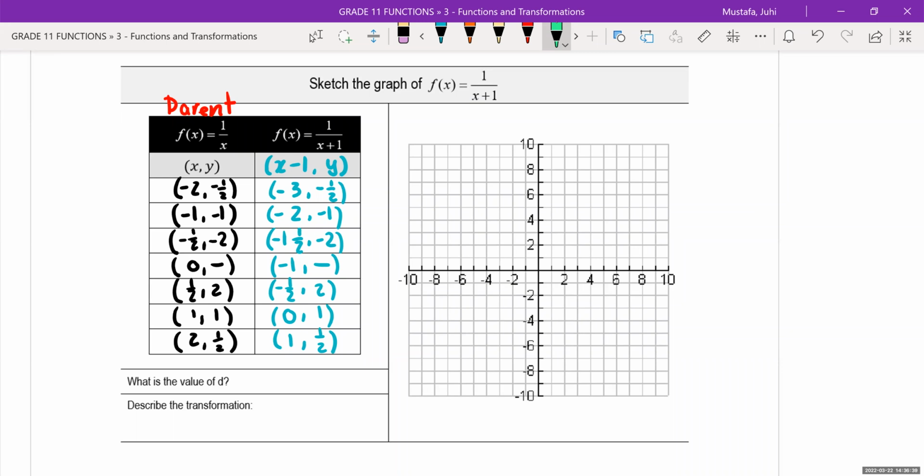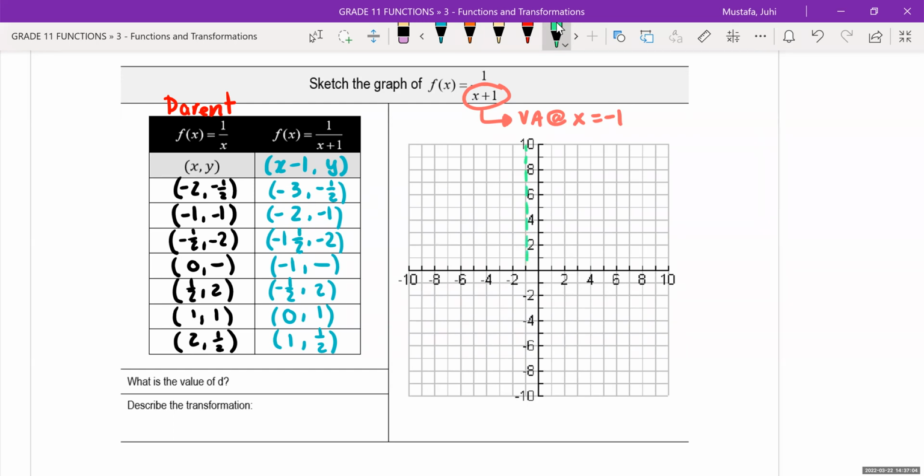An easy way or a little trick to help you remember that is whenever you have anything in the denominator, that tells me that I'm going to have a vertical asymptote at x is equal to -1. Our horizontal asymptote is not changing, just our vertical asymptote. So we're going to have x is equal to -1.